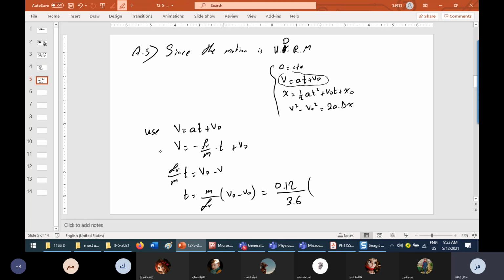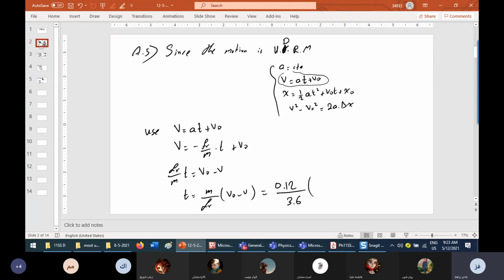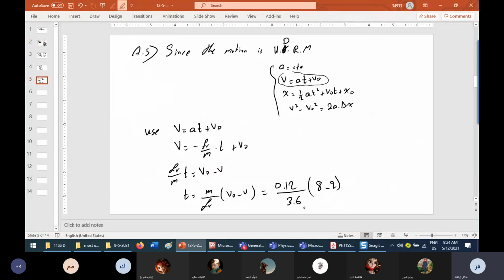The speed at A was 8 minus the speed at B was 2. And please help me, this is 6. 0.12 times 6 divided by 3.6 gives 0.2 seconds, and this part is done.